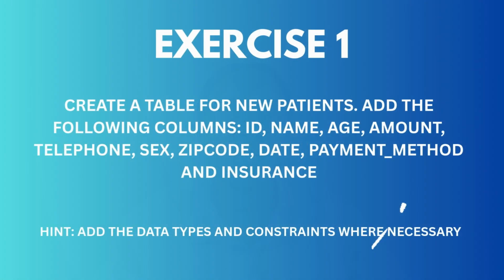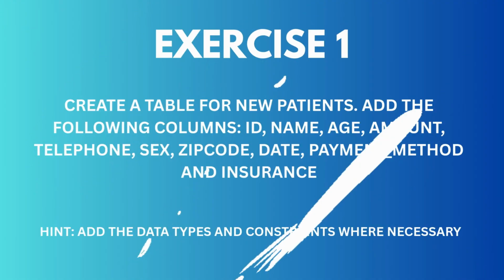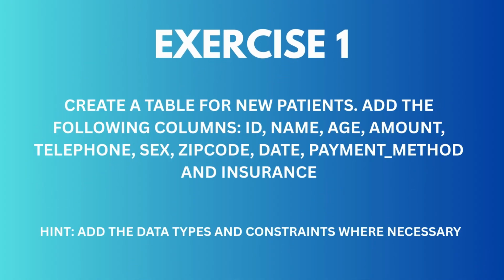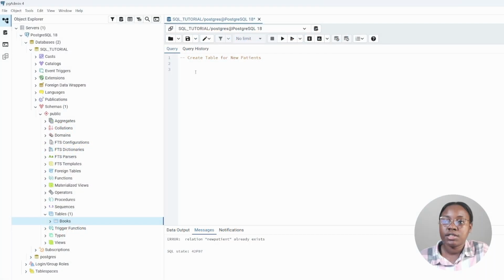Now let's build that table for our new patients. We need ID, name, telephone, age, amount, payment method, sex, date, zip code, and insurance. In our query tool, let's write the following code. Let's create a table for new patients.